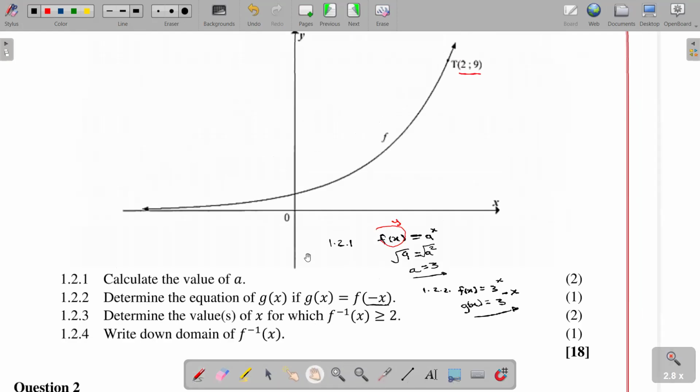It simply means that to get the inverse, it's going to be a reflection along the line y equal to x. We are going to have a line y equal to x there. So the reflection will be something like this.